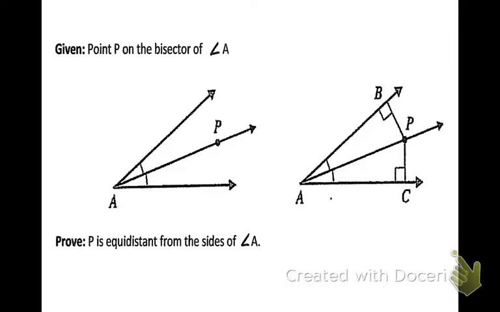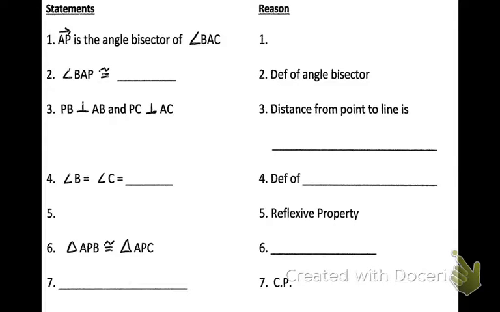We have to prove that P is equidistant from the sides of A. You can refer to the picture. AP is the angle bisector of angle BCA.